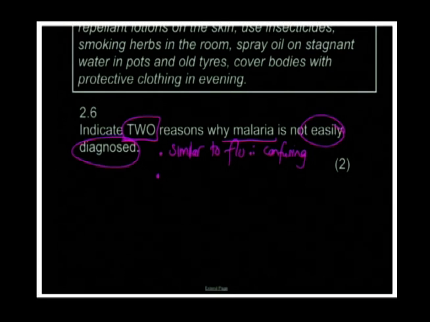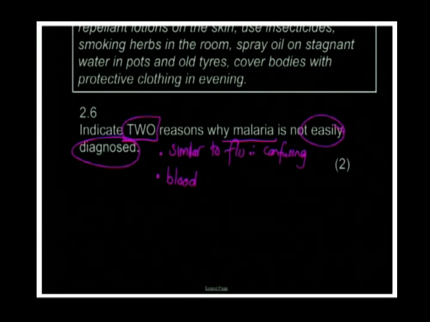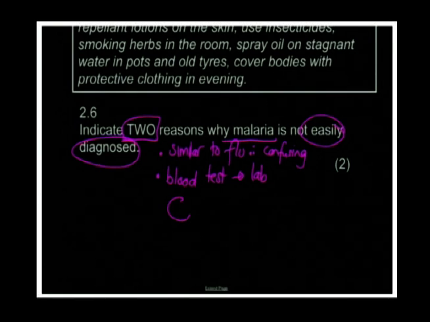However, our second point, if a doctor does a blood test and sends that blood test off to the laboratory, they are going to make a slide with a sample of blood on it. If the merozoites have just gone into the red blood cells and they are still small, then you cannot see anything in the blood cells.